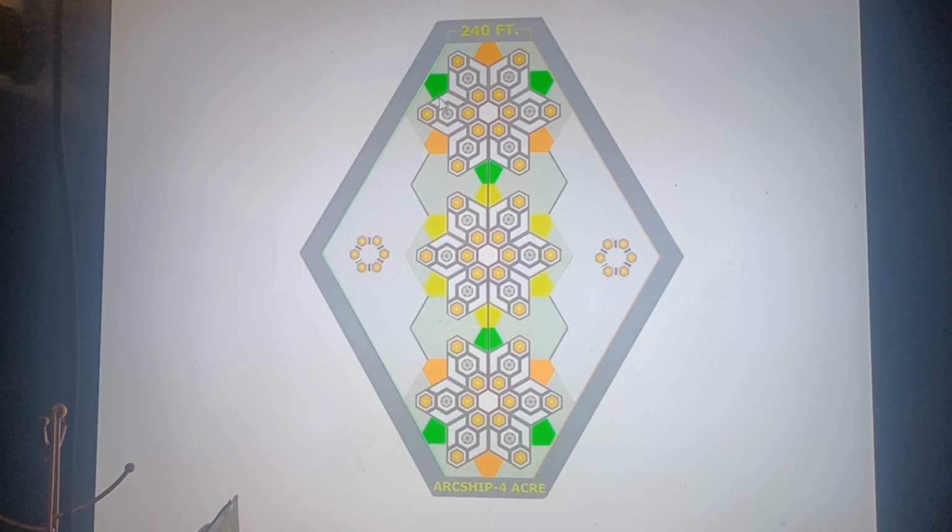And so this would go together to build a full advanced ARCSHIP design. I have to figure out my numbers and all this. So if each ARCSHIP is 12 acres, you're going to want to multiply that by 9.